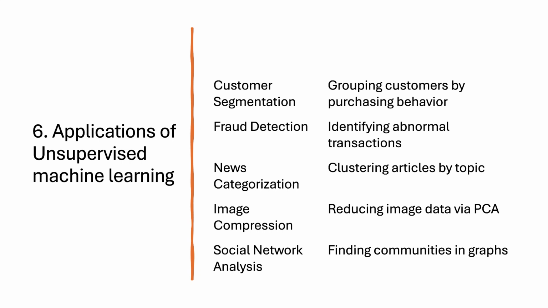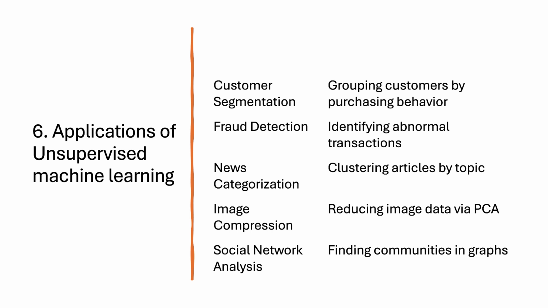Well, in this lesson, we have learned, just got an overview of what unsupervised learning is and where we can apply it. And we saw that we can apply it in customer segmentation, whereby we are grouping customers by purchasing behavior.